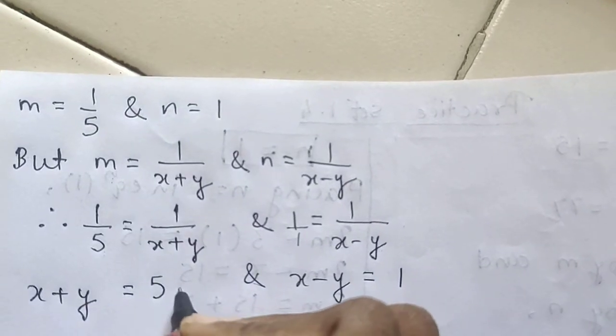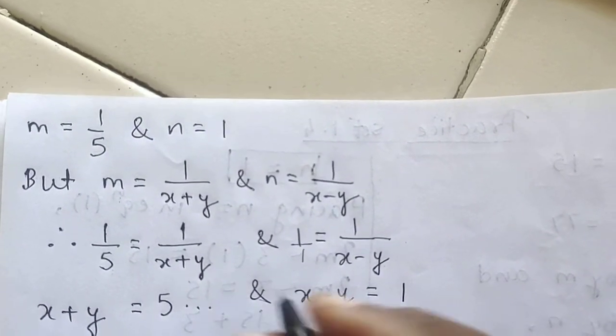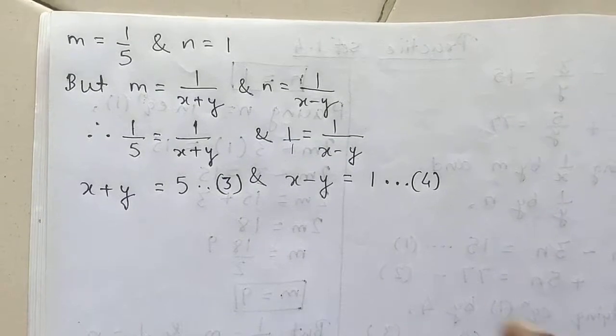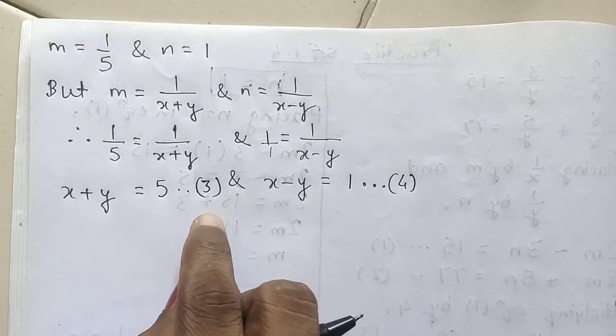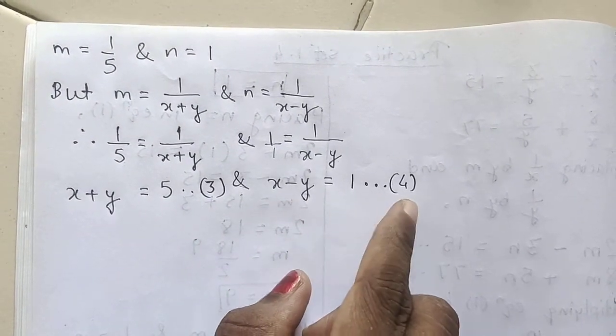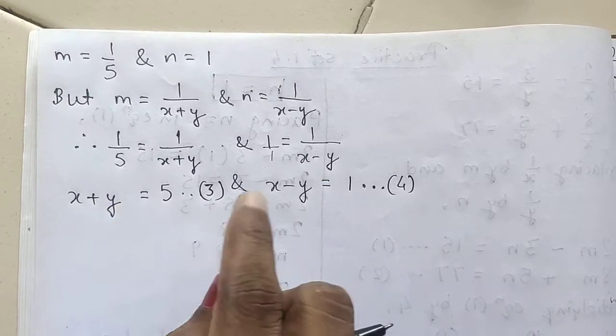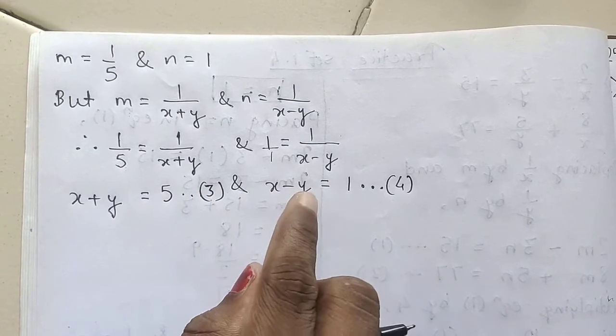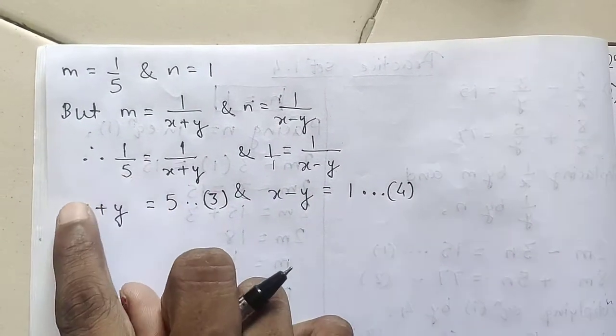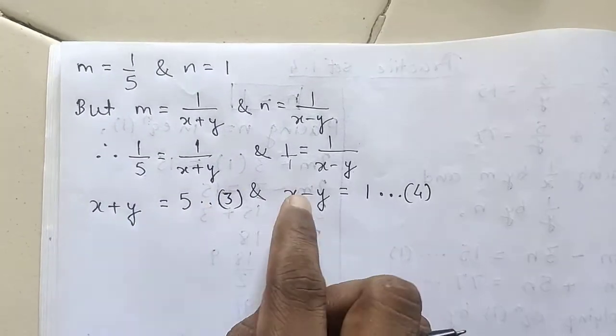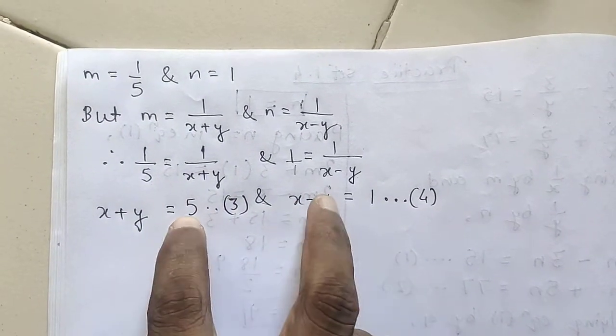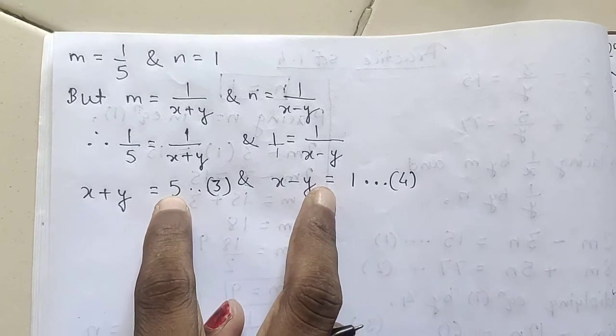Now let us call this equation number 3 and equation number 4. Now you can see in equation number 3 and equation number 4 your two variables are there, x and y. Now we are going to solve equation 3 and equation 4 simultaneously.